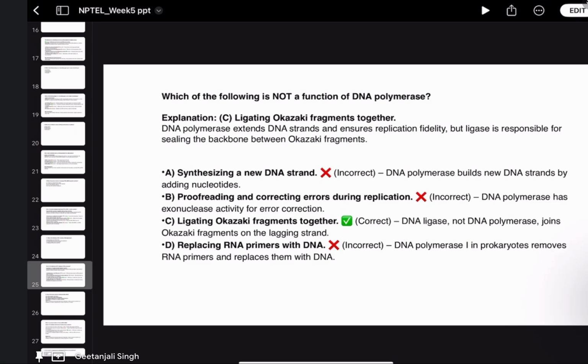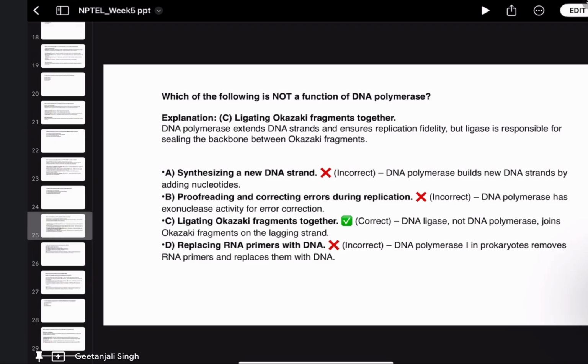DNA polymerase does that. It has exonuclease activity for error correction. That's like proofreading, making sure the correct base pairs with the other base. Ligating Okazaki fragments, DNA ligase does this work, not DNA polymerase. DNA ligase joins the Okazaki fragments on the lagging strand. D. Replacing RNA primer with DNA. Again, DNA polymerase does this work as well.